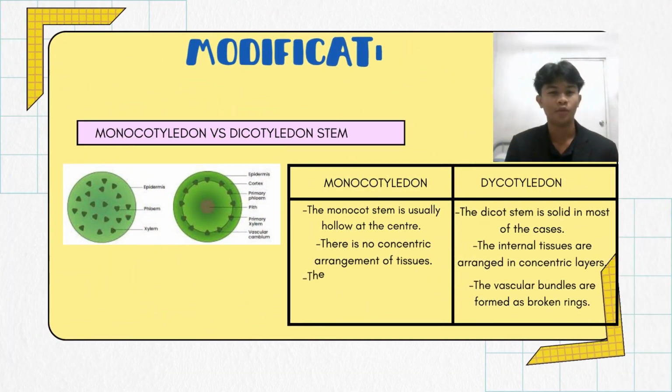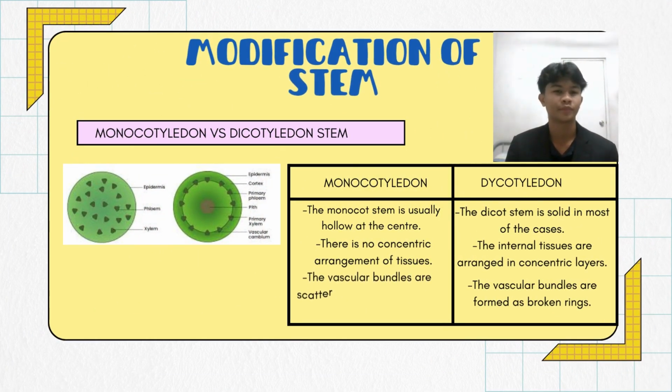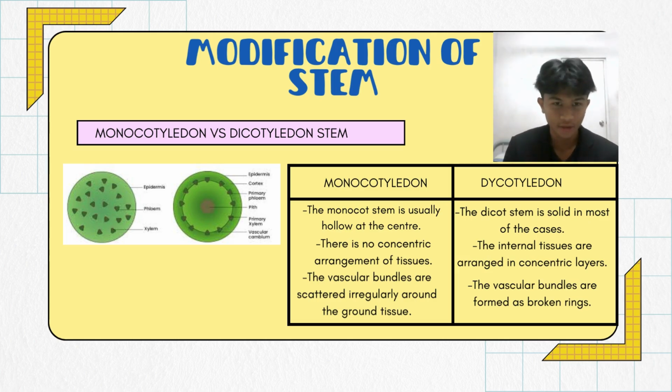Next, there are modifications of stem. There are many differences between monocotyledon and dicotyledon. The monocot stem is usually hollow at the center. Meanwhile, the dicot stem is solid in most cases. After that, in monocotyledons there is no concentric arrangement of tissues.